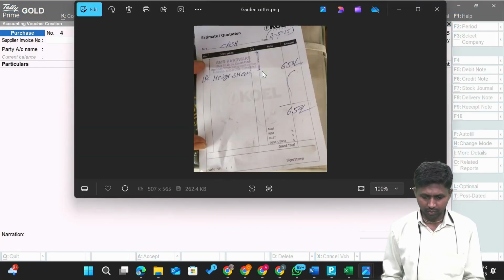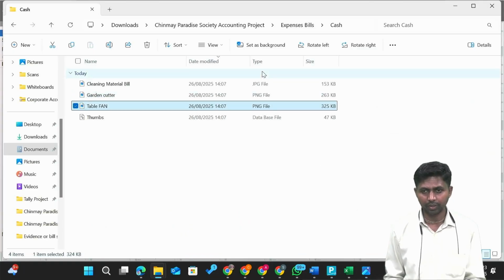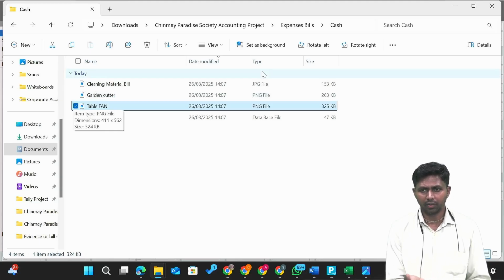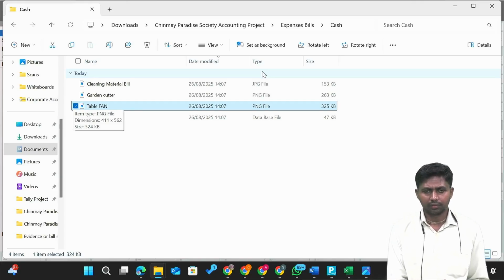Then next we have, you can check the project, we have table fan purchase of rupees 1300 only, but for these societies this is a major amount. Only turnover of societies near around lakhs, and yes, major amount we can say, not insignificant but significant.